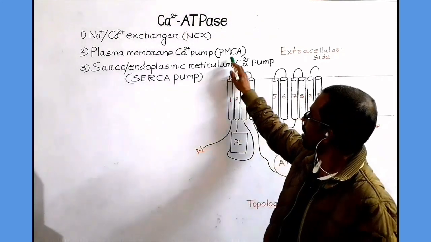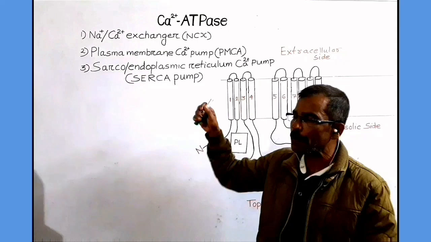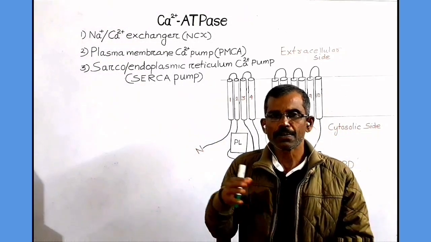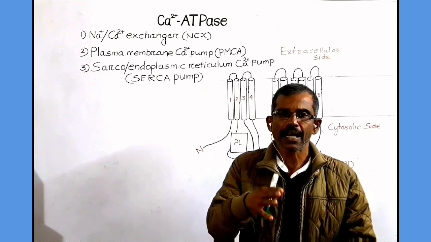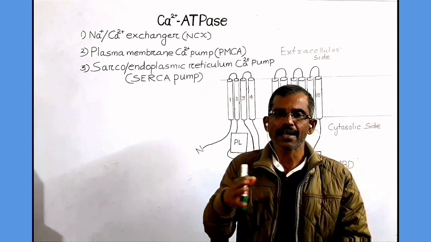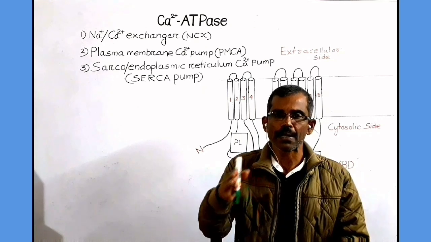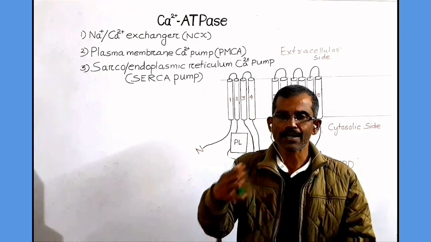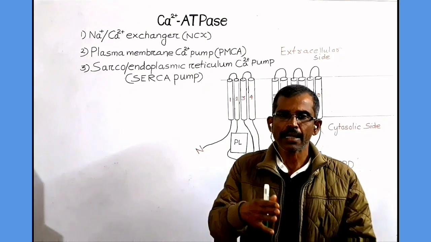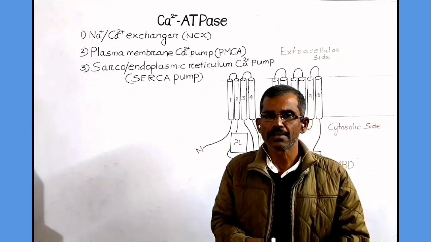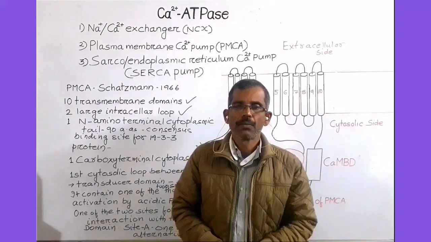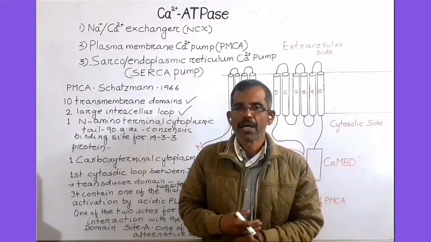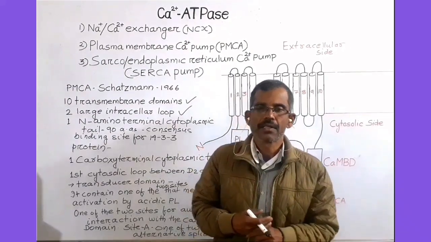The SERCA pump and plasma membrane calcium pump have the same general features. Both of them have 10 transmembrane domains and a large cytosolic headpiece that is divided into three important cytosolic A, N and P domains. The plasma membrane calcium ATPase was discovered in erythrocytes by Salzman in 1966.